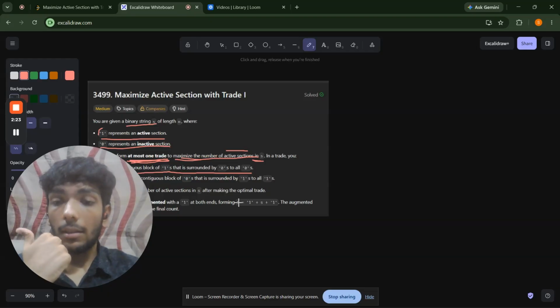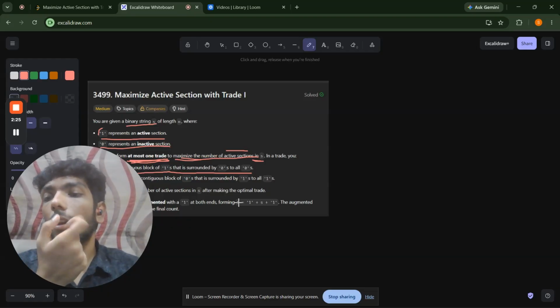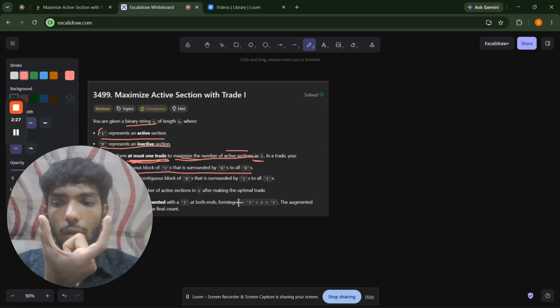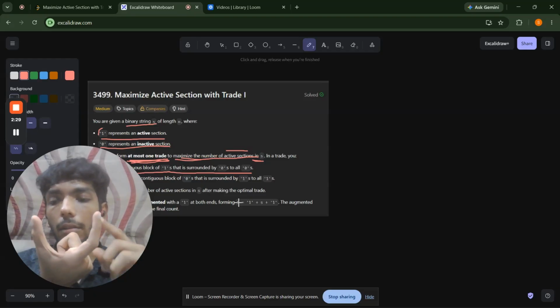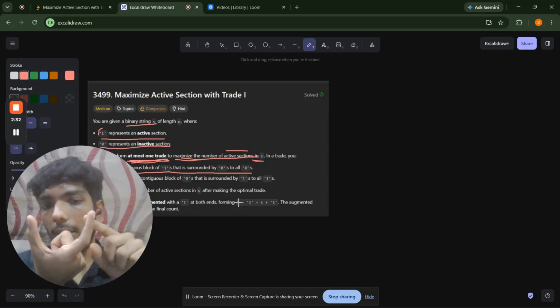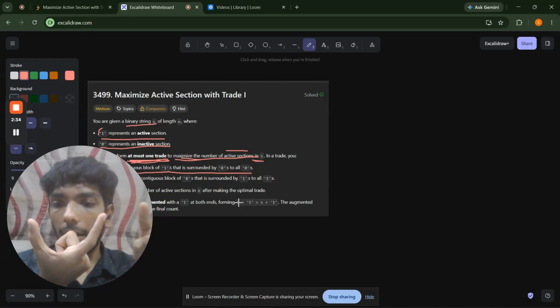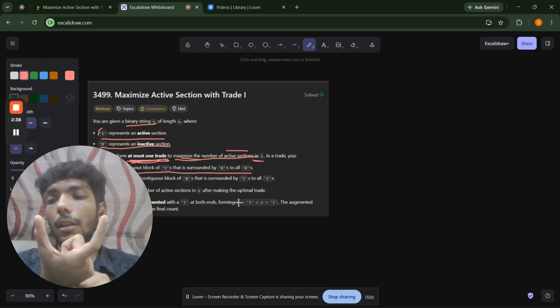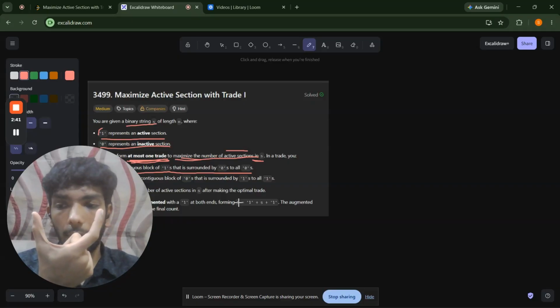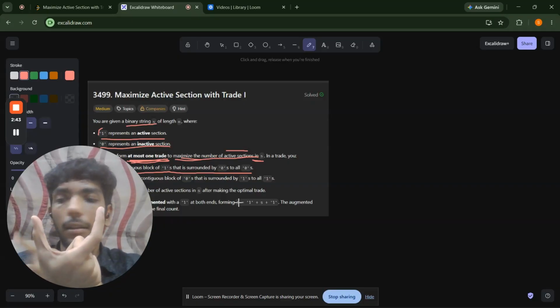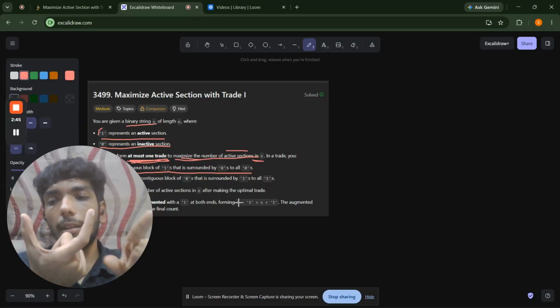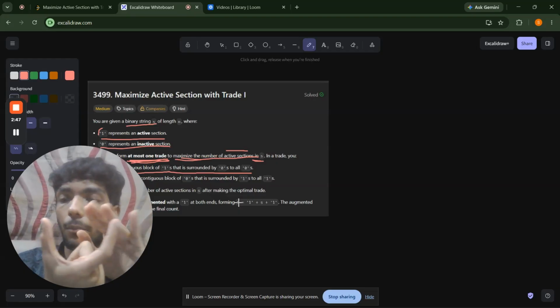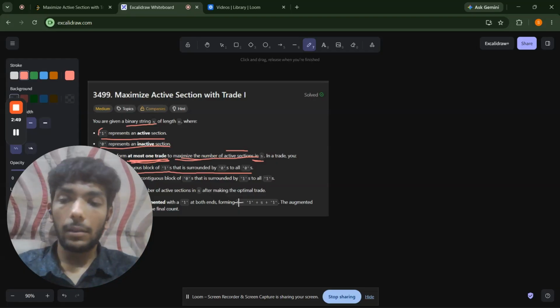And second, it should be surrounded by zeros. Suppose this is a block of ones, then on both sides, that is on its right and on its left, it should be surrounded by zeros. If on one side it is not having any zeros, but the other side it is having zeros, then that block of 1 is not eligible.